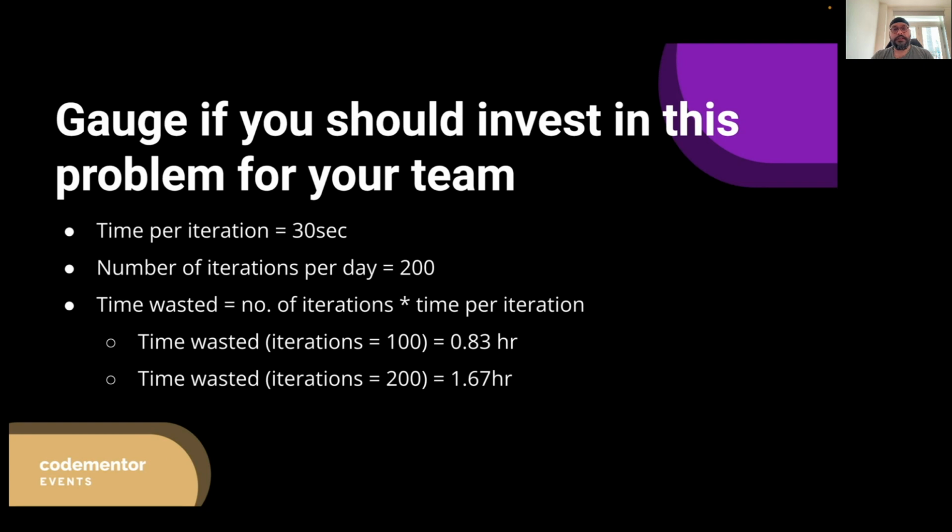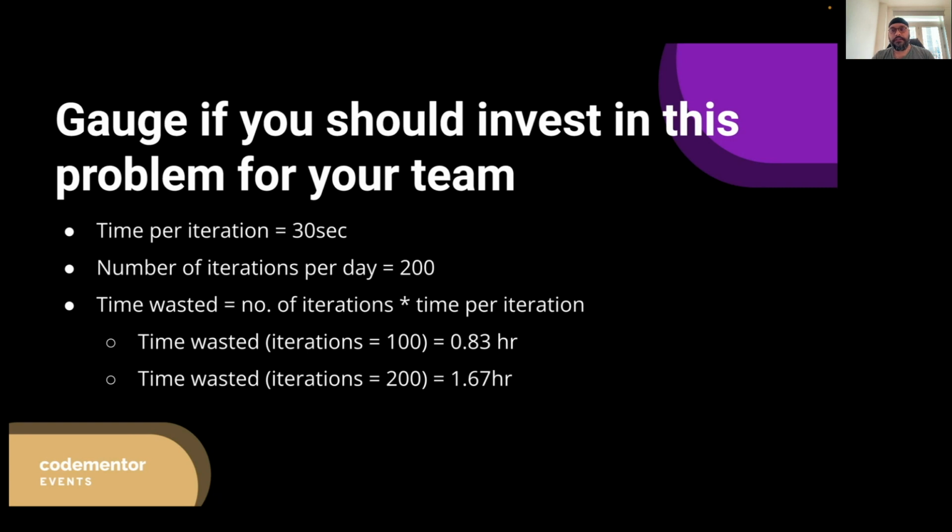And the number of times I generally build an app per day is, let's say, 200. You can say it's 100 for someone, maybe 200 for others. So the total time I would waste just building the app with 100 iterations would be around 0.83 hours. That's in a single day. And if I'm doing something very extensive and moving the iterations to 200, that's almost more than an hour and a half.